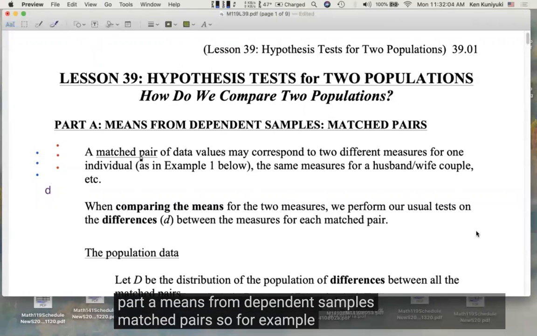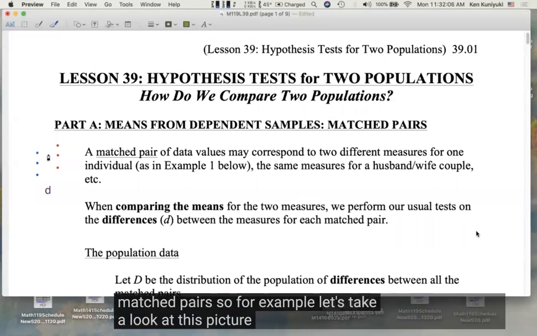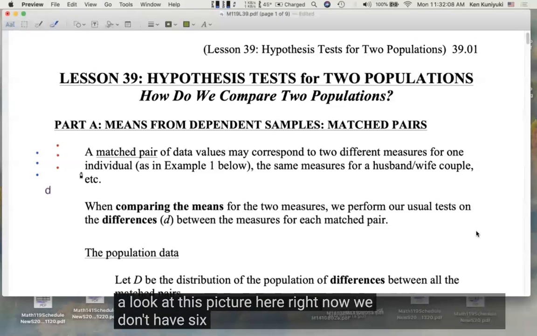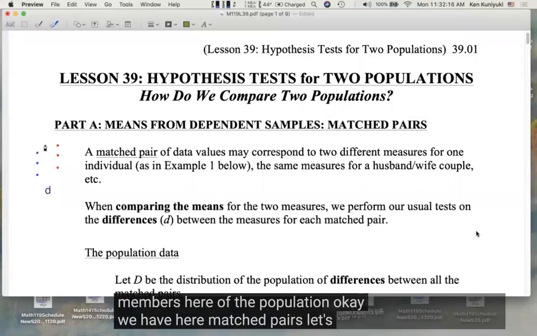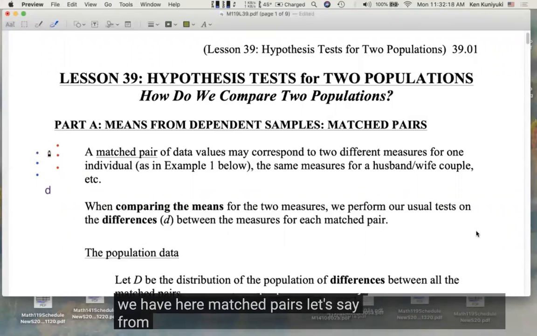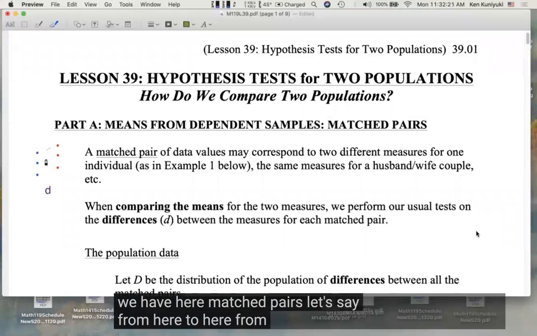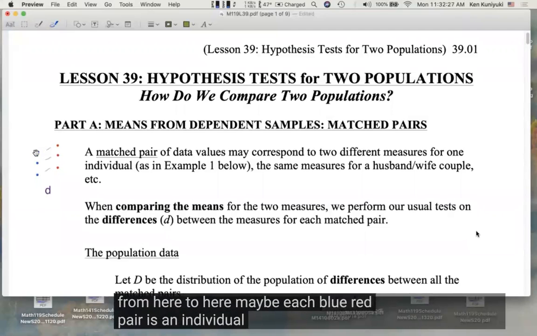So, for example, let's take a look at this picture here, right? Now, we don't have 6 completely independent members here of the population, okay? We have here matched pairs. Let's say from here to here, from here to here, and from here to here. Maybe each blue-red pair is an individual.